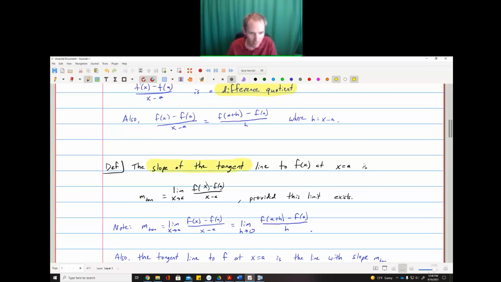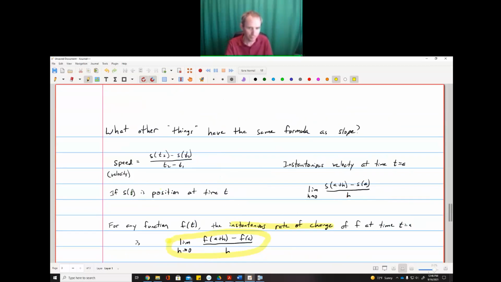But if I change the context, then I'm not talking about slopes of tangent lines anymore, but I might want to refer to the same idea. So we want to give a name to this thing independent of its context, so we can always refer back to it and have the same formula. So we're going to call this the derivative, okay?